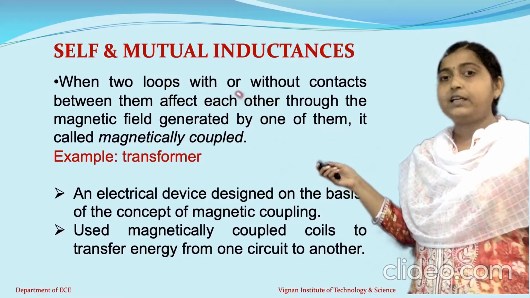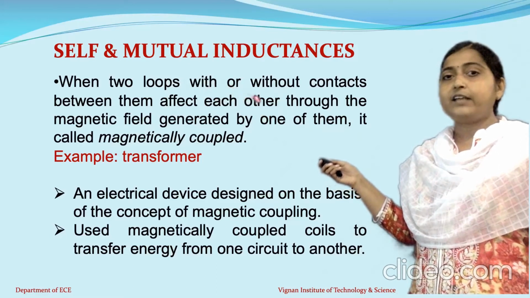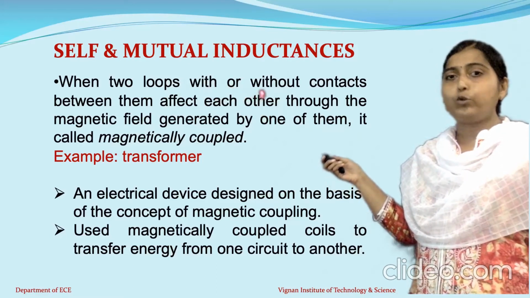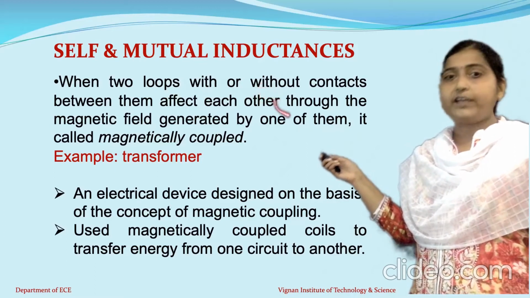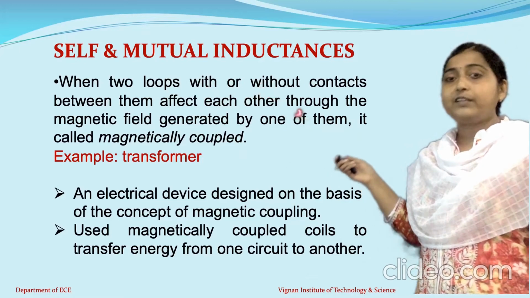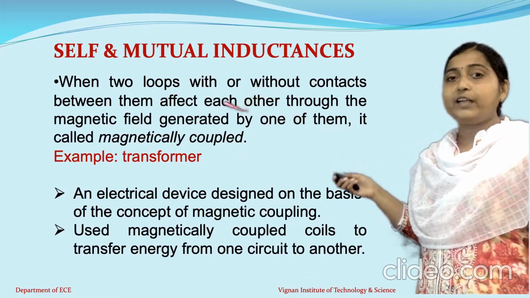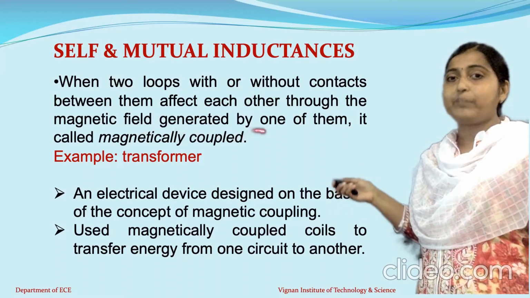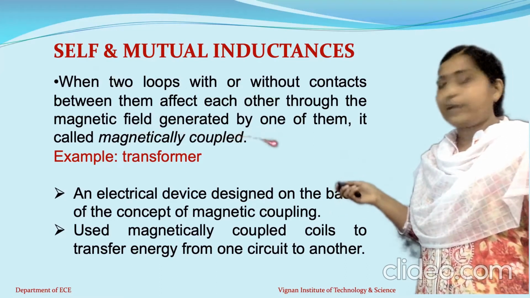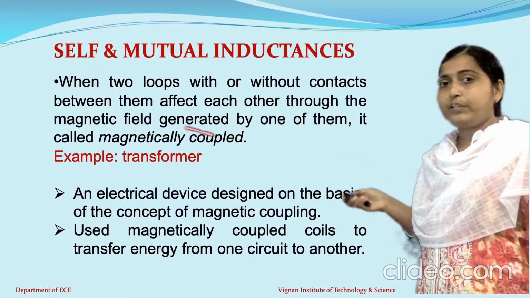Please see this line: two loops may be in contact or not in contact with each other, but they are affected with the help of the magnetic field generated between them. Such circuits we call magnetically coupled circuits.